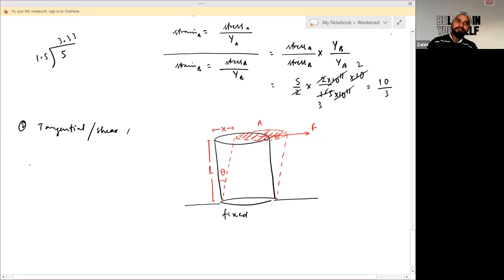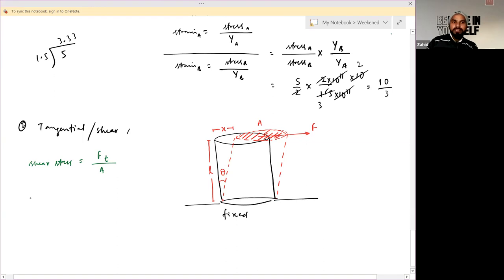So first is shear stress. The amount of tangential force applied on that particular object per unit area is termed as shear stress. So in this part, force is tangential to that particular area of cross section.